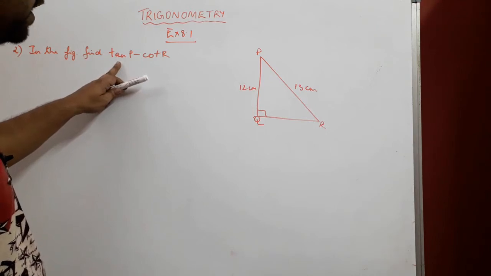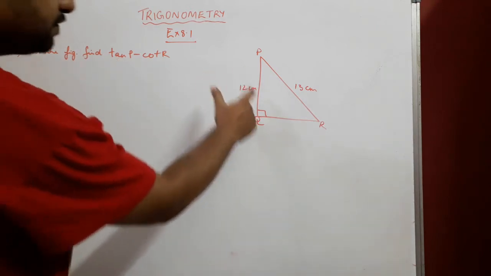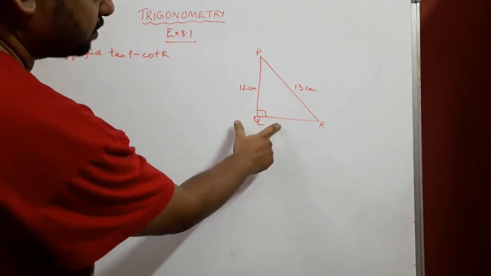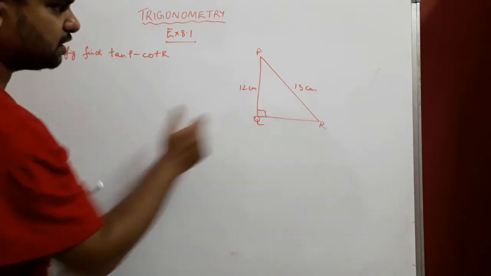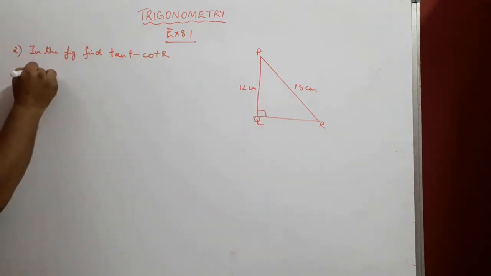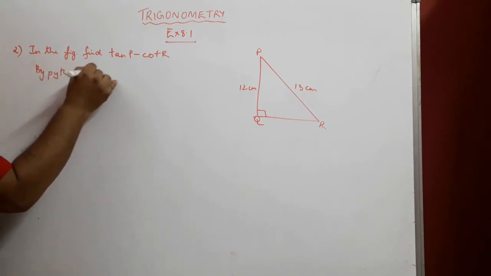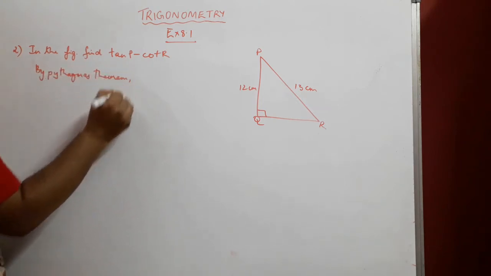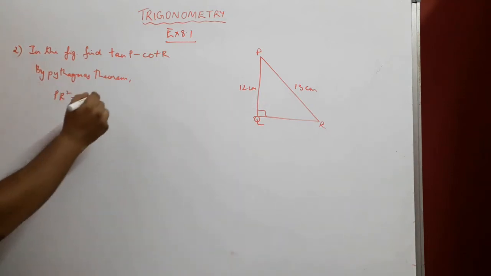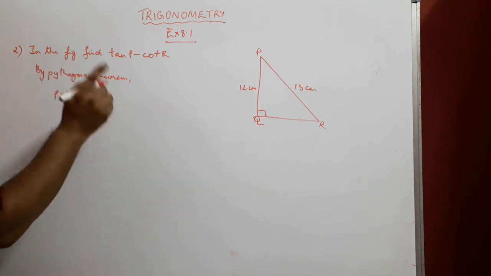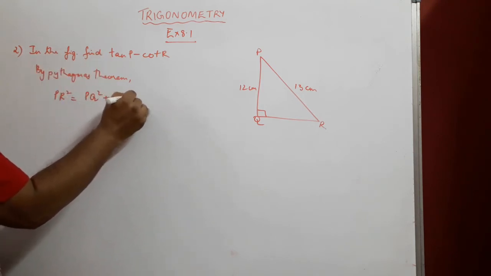So let us first find what is tan P. For that we'll have to find QR. You can clearly make out this is the hypotenuse. So we'll say, by Pythagoras theorem, square of the hypotenuse, which is PR square, is equal to the sum of the squares of the adjacent sides, which is PQ square plus QR square.